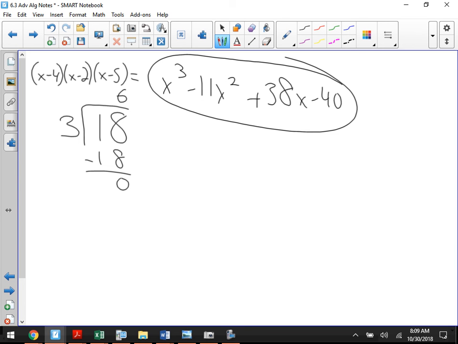It went in cleanly. Whereas if I did 18 divided by 5, I get 3.6. That meant it still was divisible by 5, but it wasn't a true factor because of the remainder or because of the decimal.